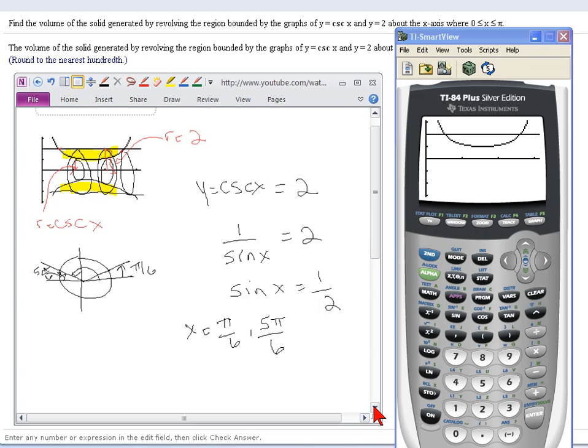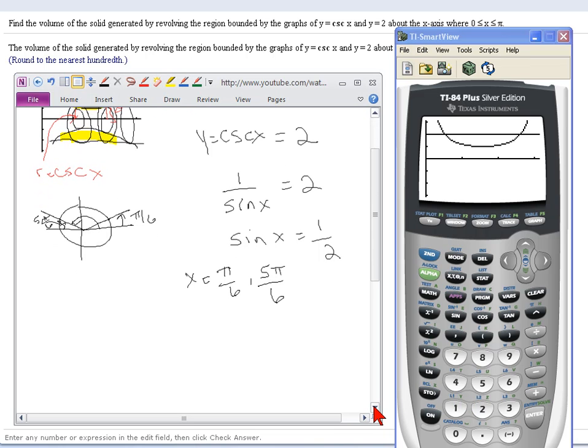Okay, and so what we're going to do then is we will integrate from our limits of integration there, which are from pi over 6 to 5 pi over 6. And then it's pi times the difference in the two radii, which the outer circle had a radius of 2, so 2 squared minus cosecant squared x dx.